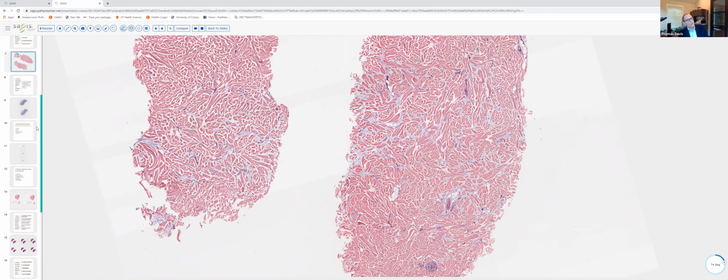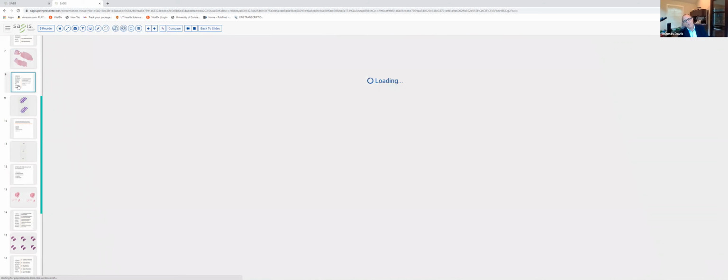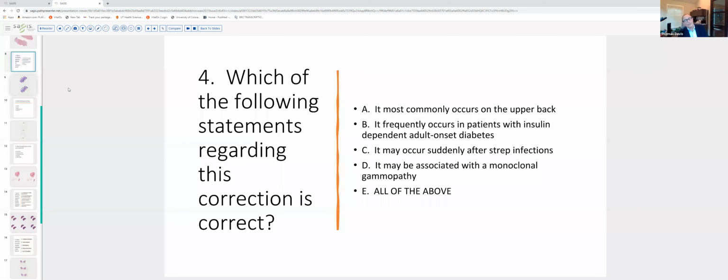Okay, and so the question in this instance was, which of the following statements regarding this condition is correct? Should read condition, not correction. And the answer is E, all of the above. This is a condition that commonly occurs on the upper back, frequently in patients with insulin-dependent diabetes.